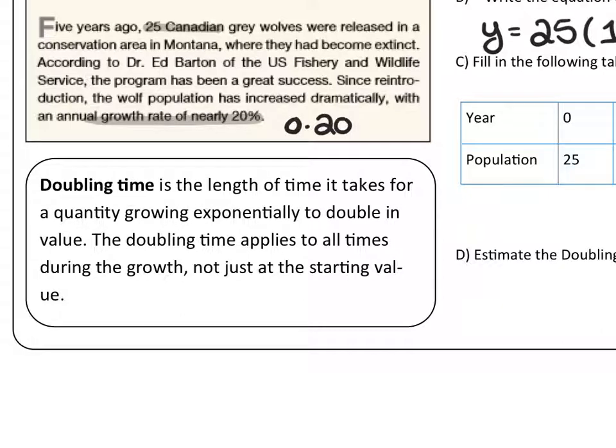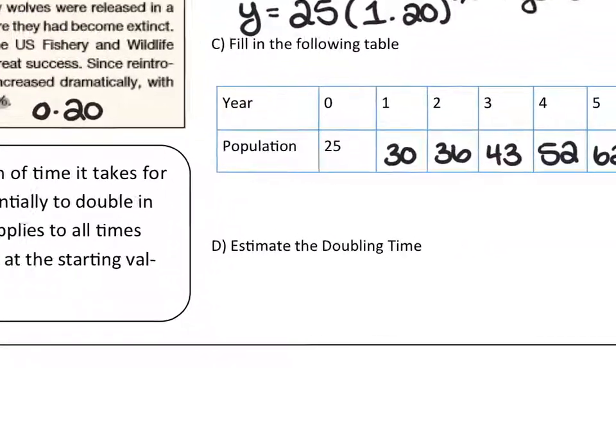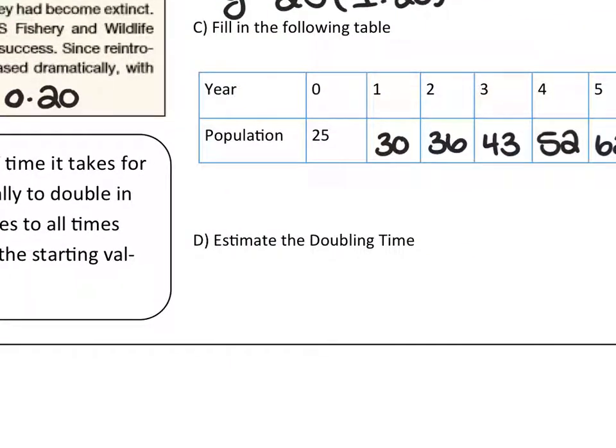In this case, we started with 25, so we want to know how long it takes for that 25 to go to 50. You can look at it on the graph, but you can also look at it on our chart here. And we get that it takes 4 years, because at 4 years, it's 52.